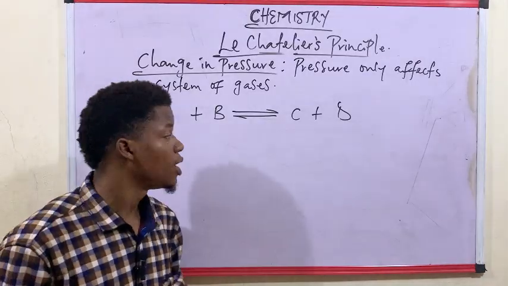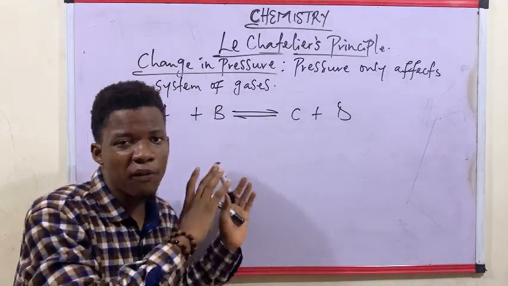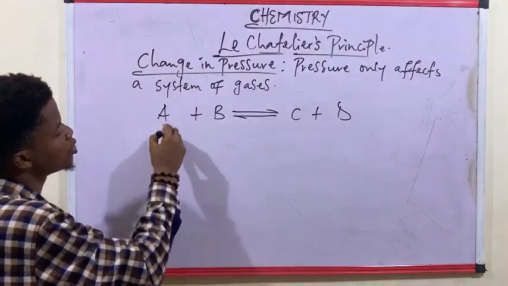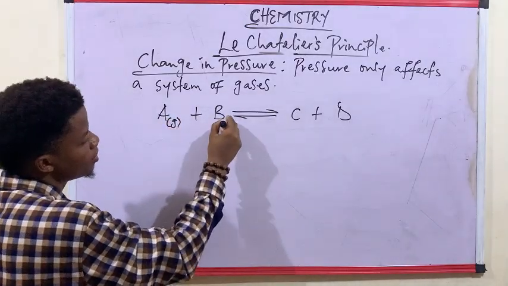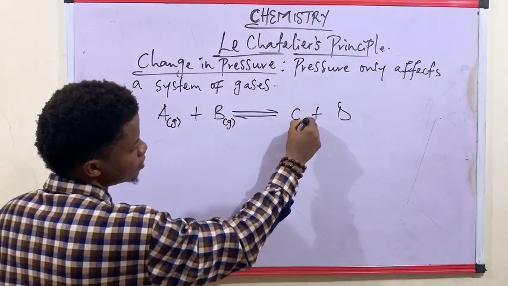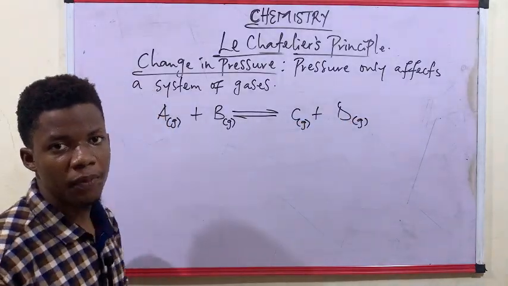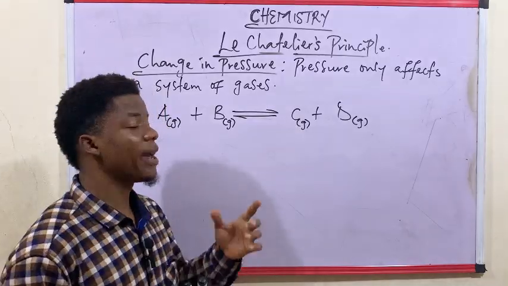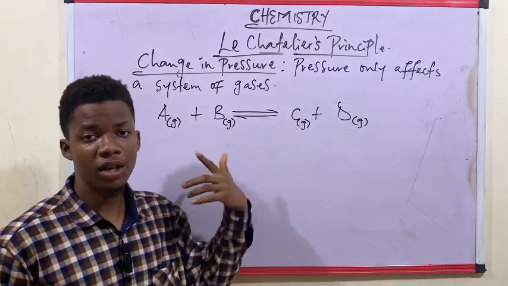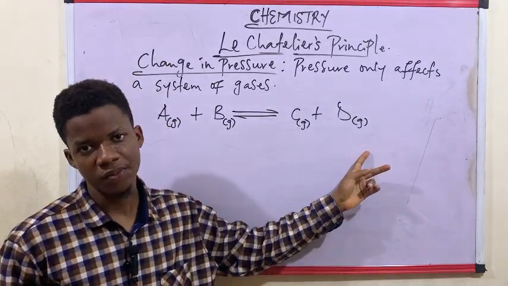And how can you do this? Please, when it comes to this area of chemistry, always pay attention to those letters written at the bottom right. Sometimes you see some written as AQ, that's aqueous. Some S, that's solid. L, liquid. G, gas.